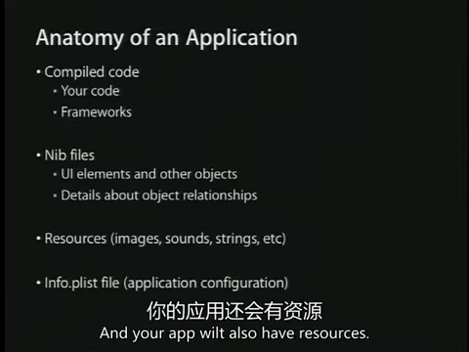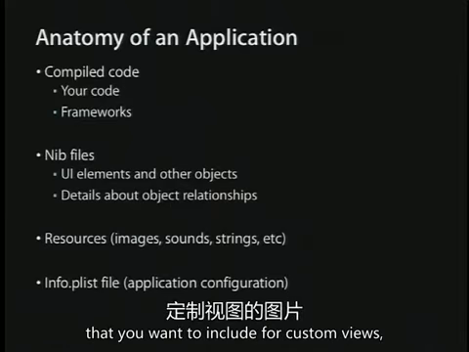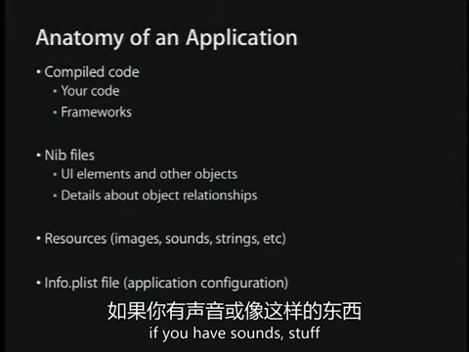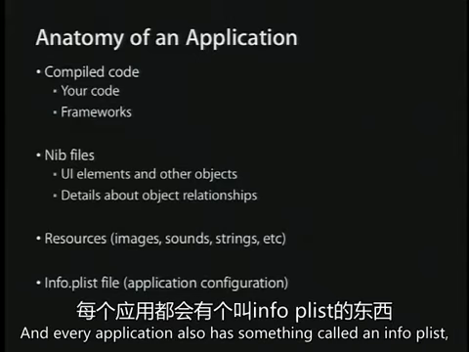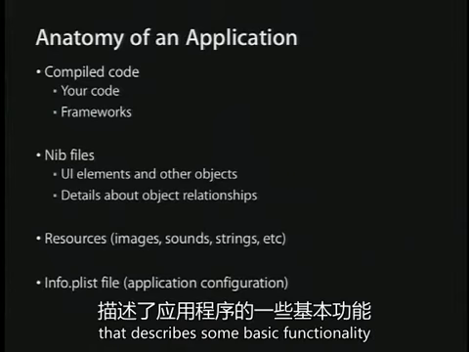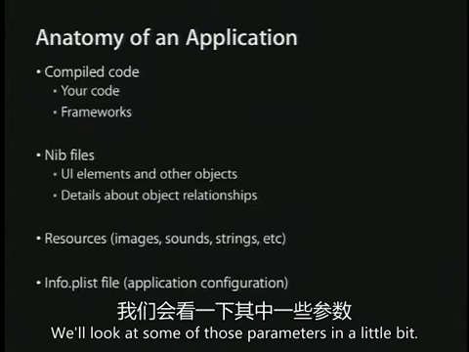And your app will also have resources. If you have images, very frequently you'll have images that you want to include for custom views. If you have sounds, stuff like that will all be part of this bundle. And every application also has something called an info plist, which is essentially an XML file that describes some basic parameters of your application. We'll look at some of those parameters in a little bit.